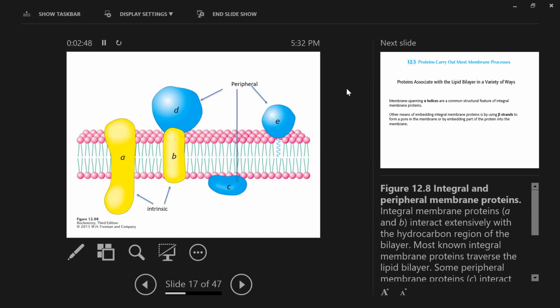So it's going to have amino acids that interact with those groups. The polar regions will have polar amino acids, and they can be charged or not charged, acidic or basic. This part of protein A, which sits in the lipid bilayer, in contrast, would be rich in hydrophobic amino acids.